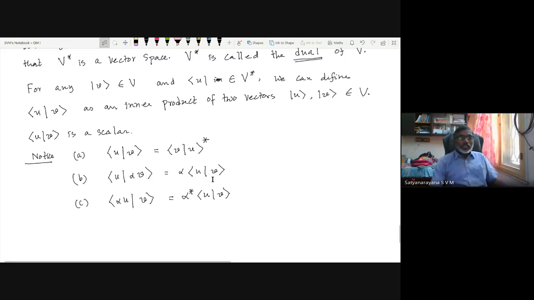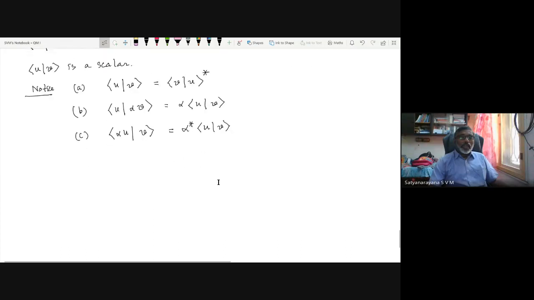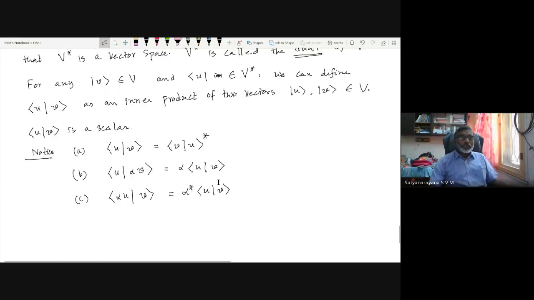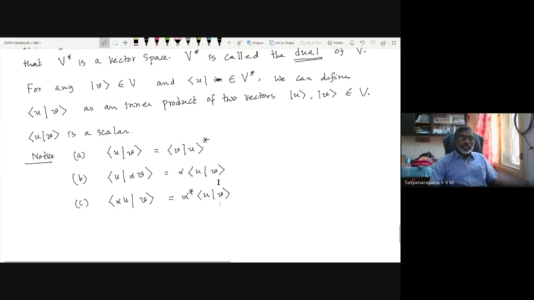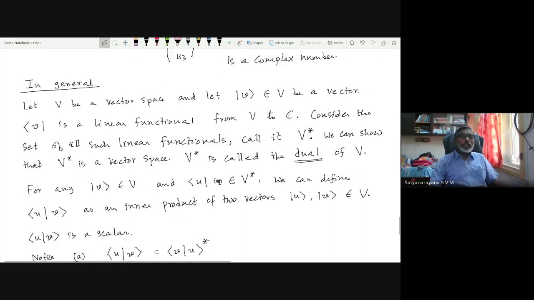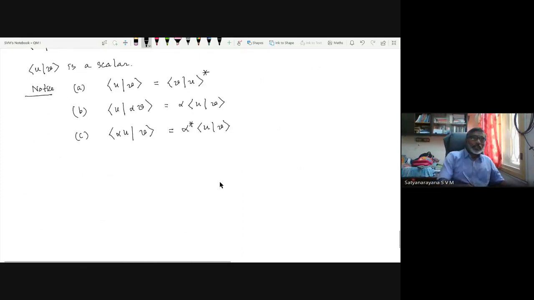Now, more importantly, the inner product induces a norm to each vector.